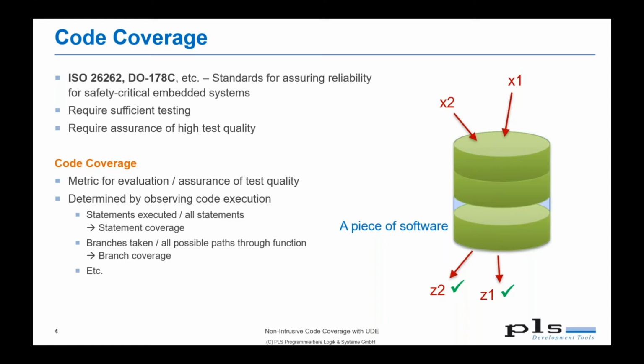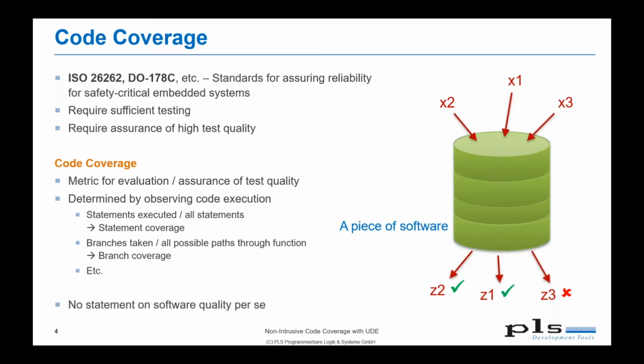But there is something missing, so we need a third test case, x3, which finally stresses the rest of the remaining code and results in a set3, which may fail or not. And with these 3 test cases, we got a 100% code coverage.